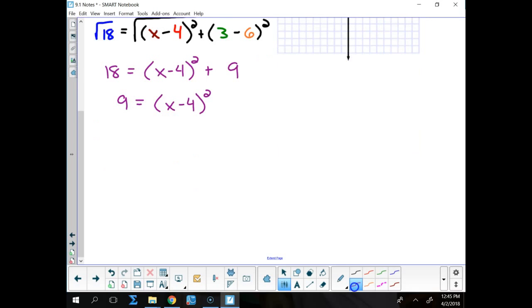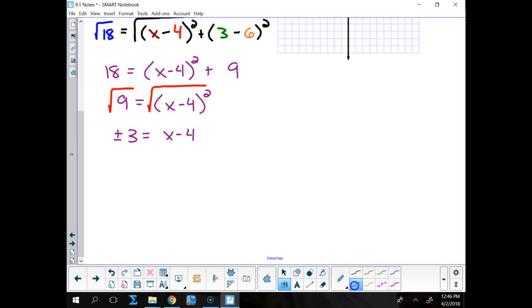Right side, when I square root it, is just x minus 4. Left side. Why is it plus or minus? Because we're solving and we took a square root. So this one over here is plus or minus 3.